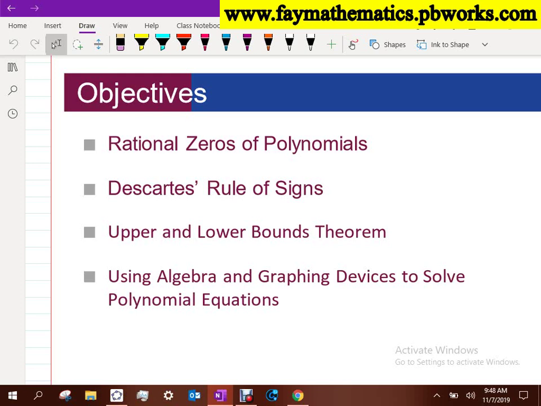Okay? So he had this rule of signs that we're going to use to come up with a list of potential zeros that we have to check here. He came up with this rule of signs, this pattern that we can recognize to kind of make our original list. Our original list, guys, there are times where, depending on what our values and our coefficients are, we might have a list of like 36 potential zeros.